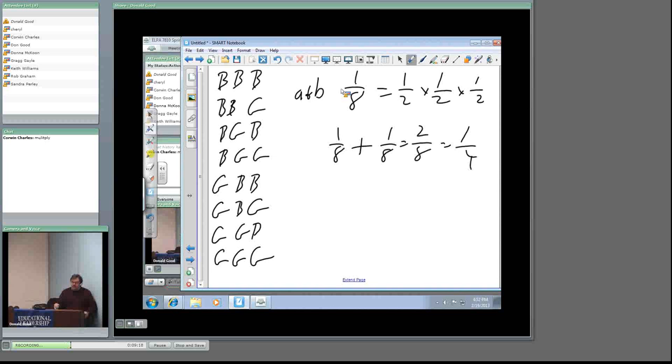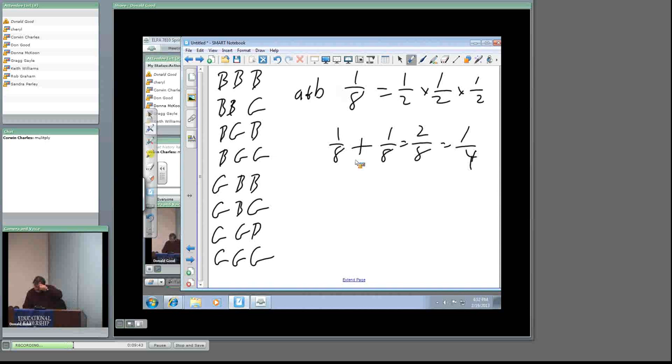So the chance of getting 3 of the same gender is 1/4. And there are 2 ways to do it. 2 out of 8 ways is 1/4. The first way, boy, boy, boy, and the last way, girl, girl, girl. There are 2 of those out of 8 possibilities. That's still 1/4. But calculation-wise, it's 1/8 plus 1/8 because it's an or.